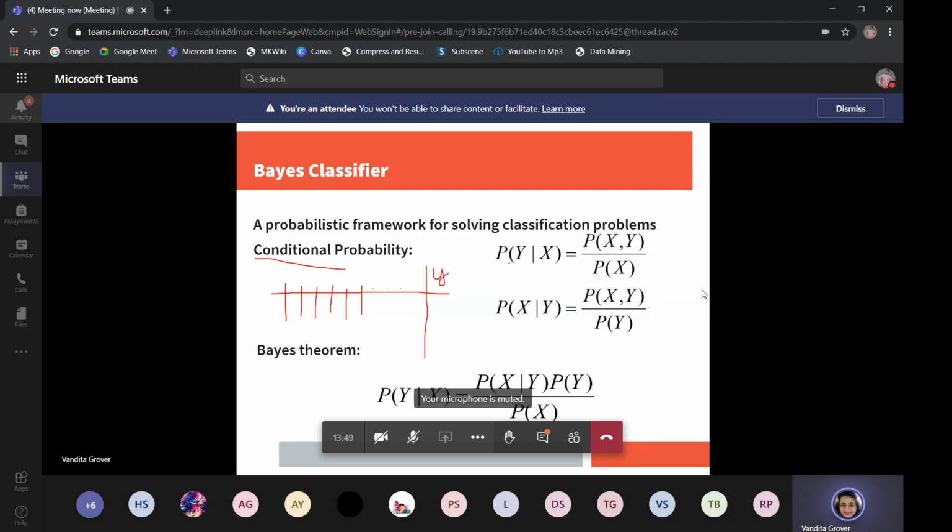What is the probability of this class y happening given some values of x? This X could be one attribute, this X could be two attributes, this X could be a combination of attributes. It depends on the features you have selected. You could have selected one feature or all the n features or somewhere in between.